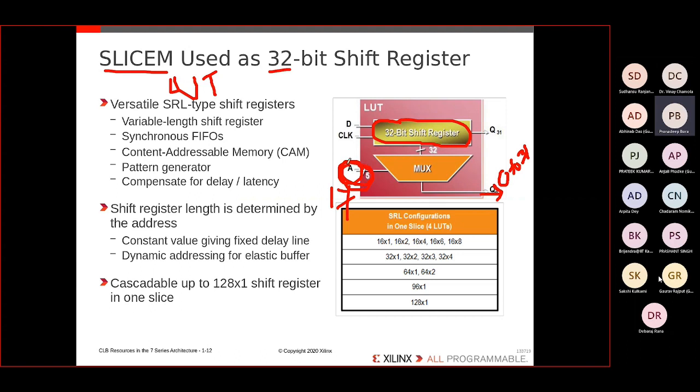In this address line I will put 17. Once I put 17 here, this data will be shifted by 17 clock cycles and will come out here. So for a 17 clock cycle shift, I need only one LUT. For 64 bits, I need 64 LUTs. Yes, I understood. Everyone understood that?